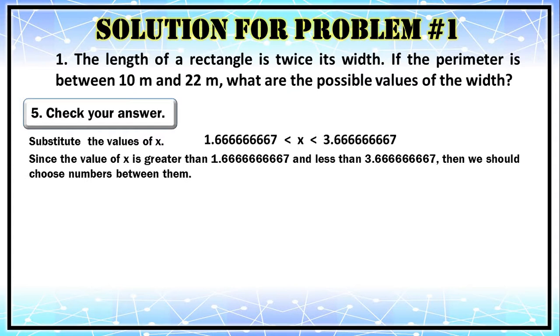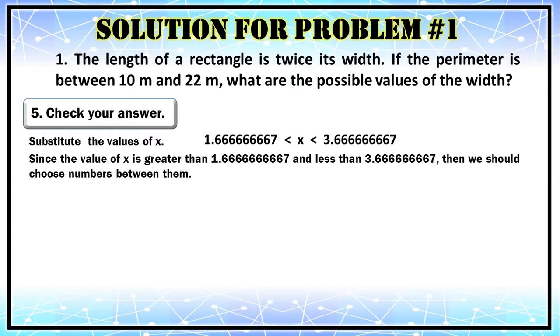So in making the checking as short as possible, we can just use 2 numbers: the one just a little bit greater than 1.6667, and the one less than 3.666667 also just a little.